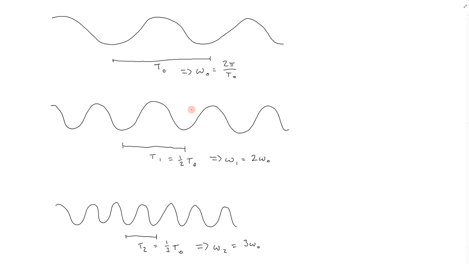And since we know that we have to have the same frequency of the summation of these sinusoids as the original periodicity of the more complicated signal, we have to use sinusoids which are at integer multiples of the fundamental frequency, which is again defined as the frequency of the overall signal.